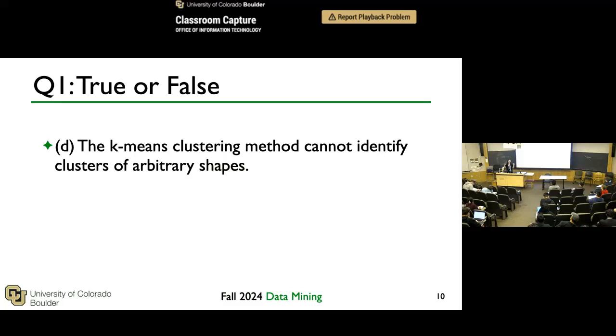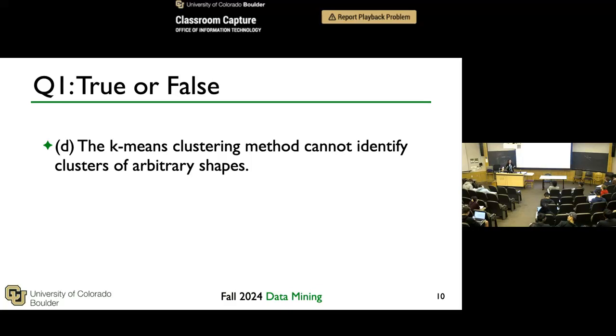But the shape of the cluster depends on your application scenarios. We have shown examples of a more circular shape, like a nice Gaussian distribution, so it's more like a nice rounded shape, versus some of those, like Chameleon, where you see very different shapes. So the question here is whether k-means can support arbitrary shapes.